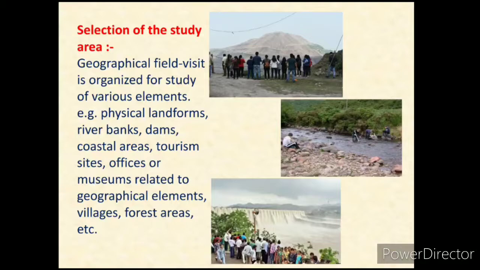Geographical field visit is organized for study of various elements. For example, physical landforms, river banks, dams, coastal areas, tourism sites, offices or museums related to geographical elements, villages, forest areas.